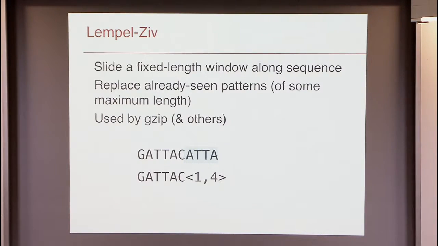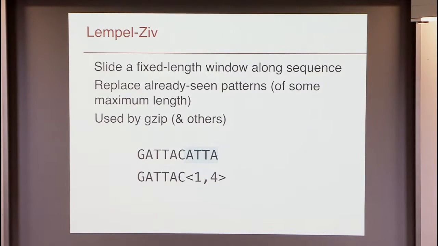Limitations of this are that we typically want this tuple to be stored in a machine word, maybe 32 bits, maybe 64 bits. And so there's a trade-off between the size of the pointer and the length that we can efficiently store. So maybe we want to be able to jump really far back in sequence. That bounds how much of a repeated sequence we can store right away.